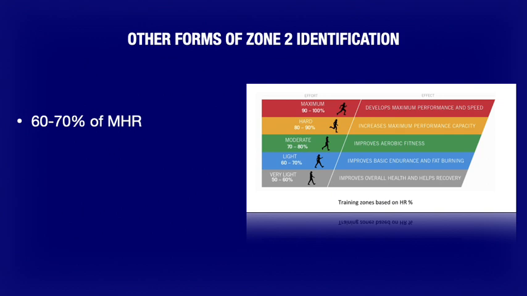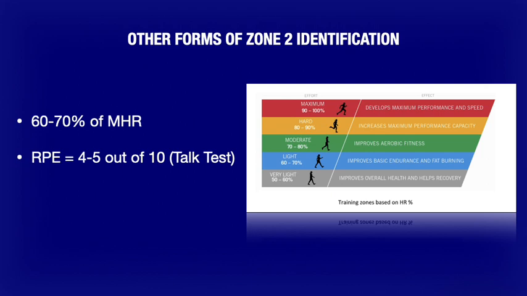Today's popular feedback tools, such as the Apple Watch, Fitbit, Whoop, and more, can accurately help decipher your training zone. Also, utilizing a rate of perceived exertion, RPE 4 to 5 out of 10, is another identifier of Zone 2 activity.